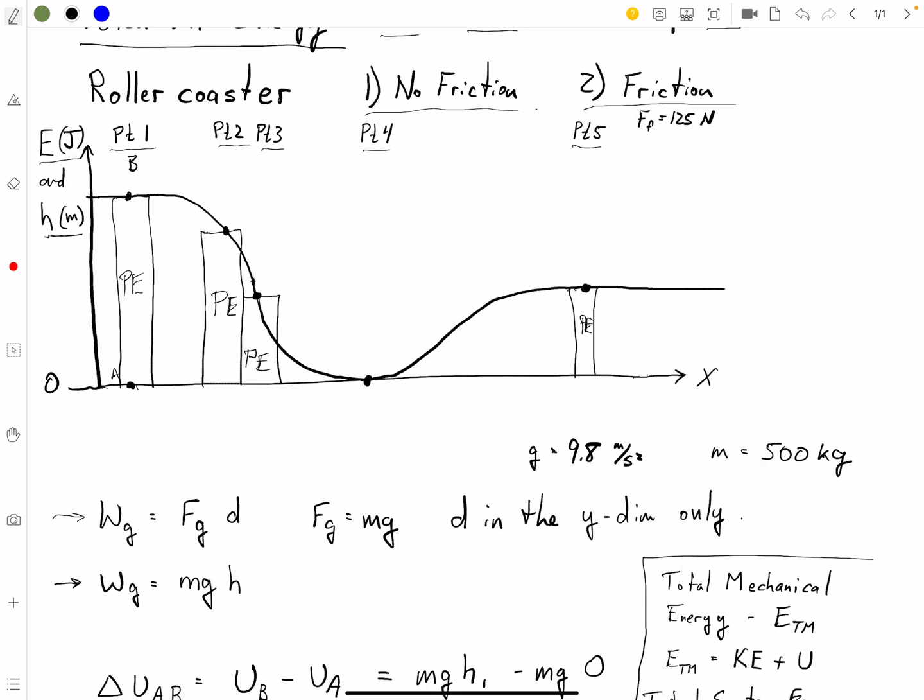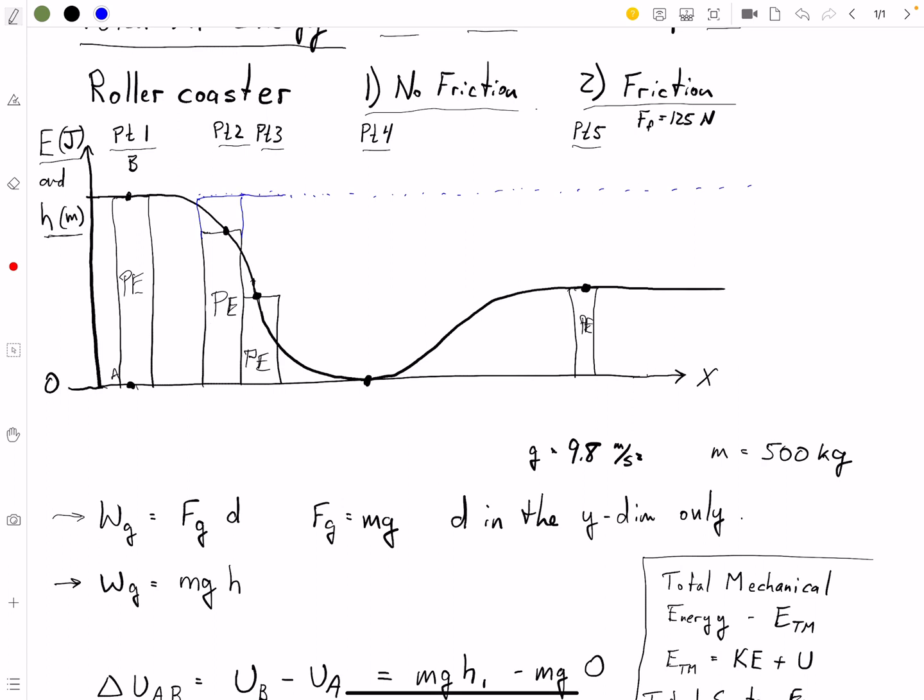Now, let's do blue. What's the difference? Well, we still have a total mechanical energy, and we always will, especially without friction, of this initial energy. So our initial potential energy happens to also be our total mechanical energy.